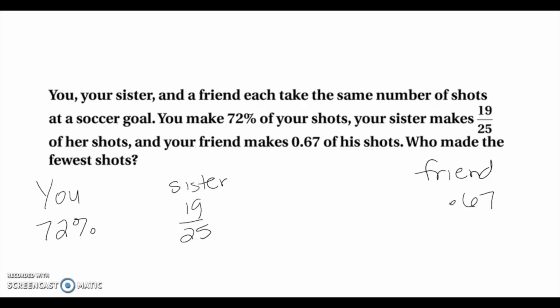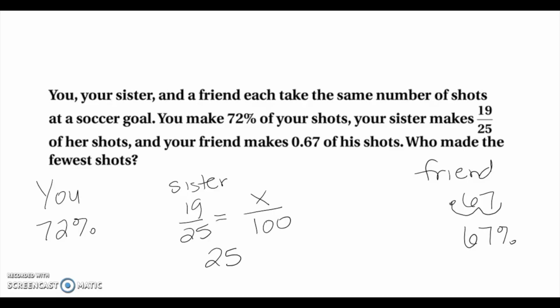So for our friend, we are going to move the decimal 2 spaces, 67%. Now for the sister, we can either do long division or we can set up that proportion. I like to use the proportion, and we're looking for the percentage out of 100. So x over 100.